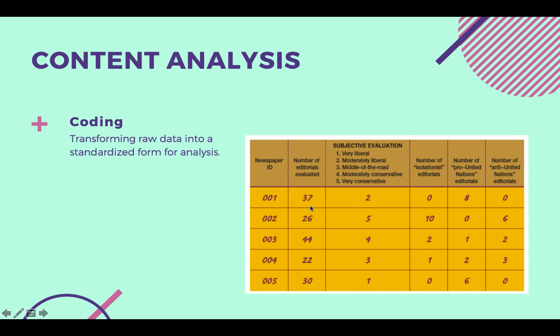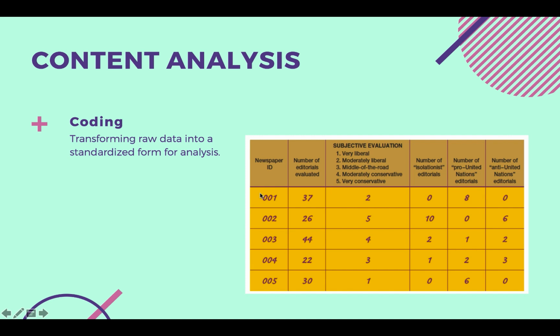So they do the same thing for newspaper 2. They look at a bunch of editorials over time and say, I can guess based on these 26 observations from within the second newspaper that we can code it as very conservative. They also have some other variables here, number of isolationist editorials, pro-United Nations, anti-United Nations. If you wanted to, you could further break these down. Somebody could say they gave 1 score to each newspaper, but it's really based on 37 observations from newspaper 1, 26 from newspaper 2, 44 from newspaper 3.